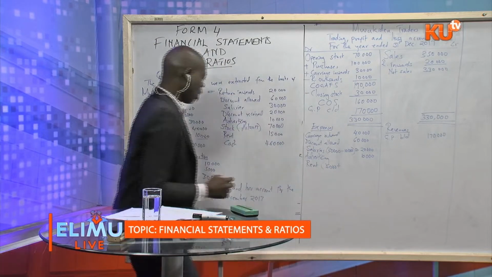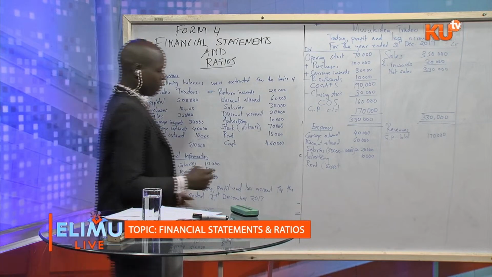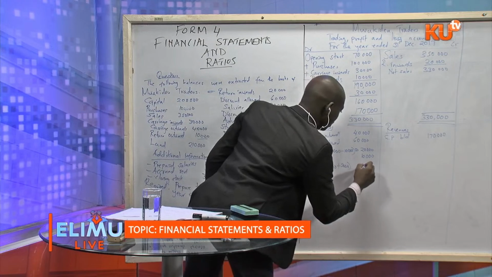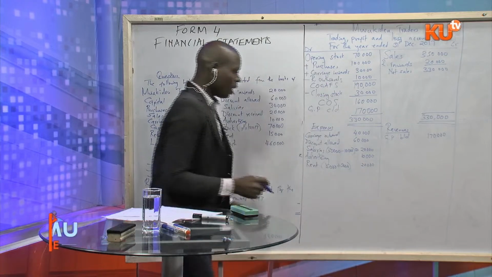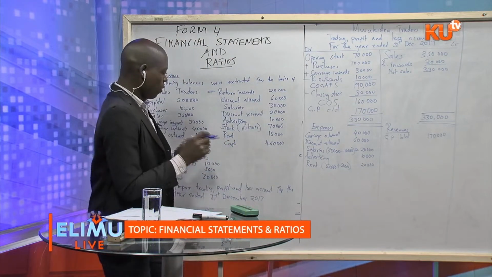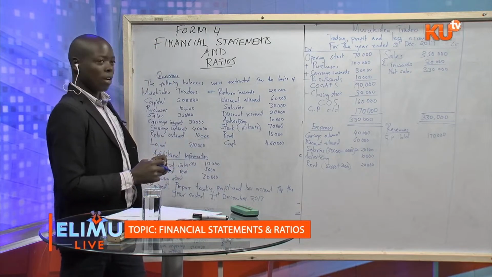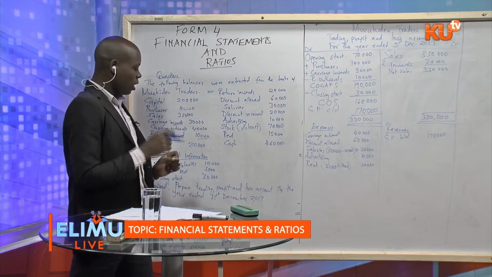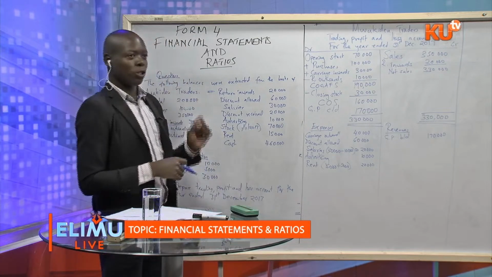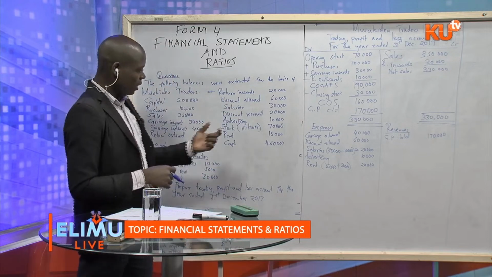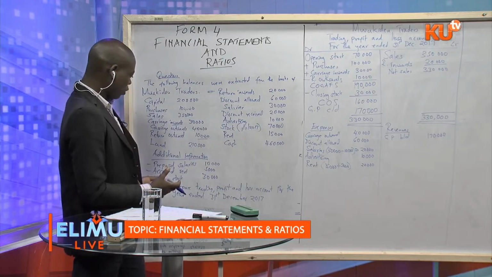We add the accrued rent, 5,000. This will be 20,000. So in this case then, when you're preparing a balance sheet again, you need to know accrued rent will go to the balance sheet on the credit side as a short-term liability. So we finished all the entries concerning the expenses as far as the question is concerned.